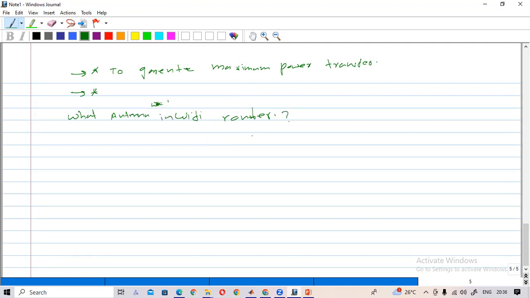What is the type of antenna in a Wi-Fi router?